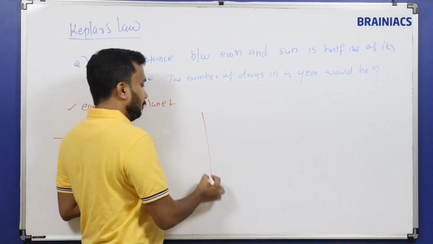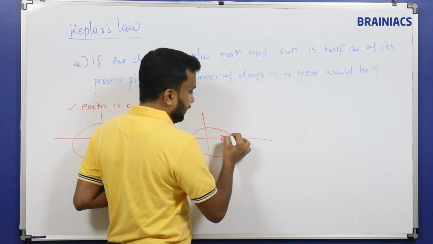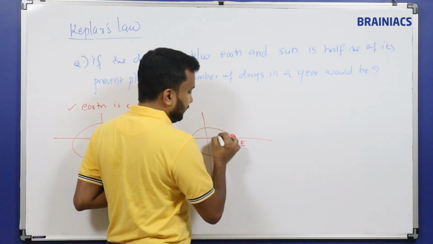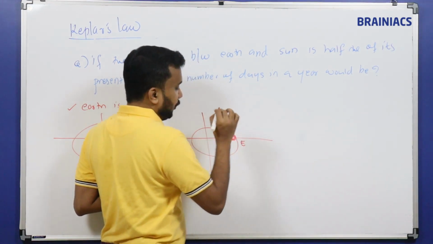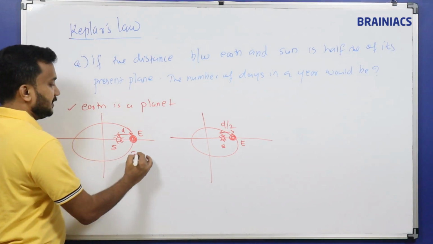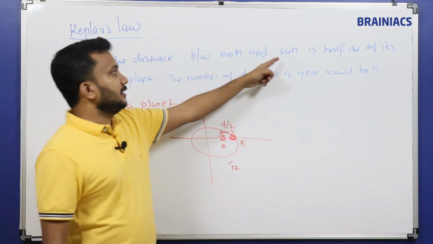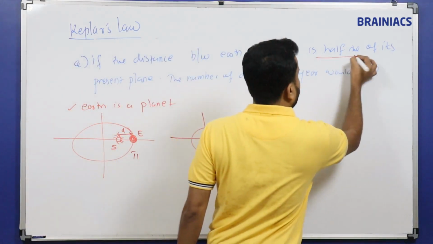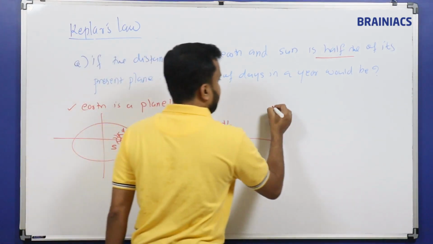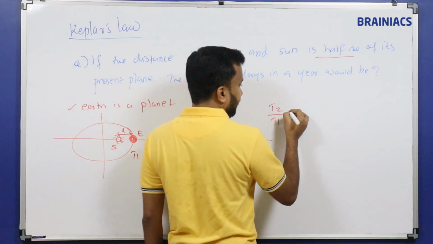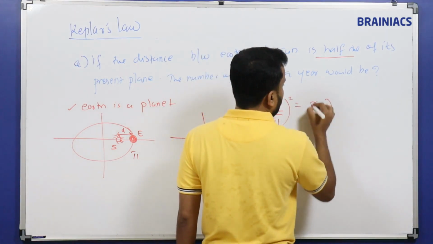Now, because of certain situations, the distance between the sun and the planet is changed. The distance between them is d by 2. Here the time period is t1, here the time period is t2. If the distance between the Earth and sun is half of its present value, then the number of days? So we know Kepler's third law, T2 divided by T1 whole squared equals R2 divided by R1 the whole cubed.